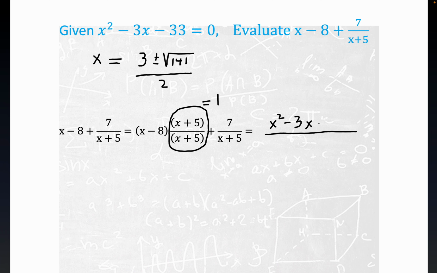Minus 40. But the nice thing about all this is that we've created a common denominator from our previous step. Now that's going to be plus 7 right there, right? Plus 7. And because of the nature of this previous step, we have kind of a built-in common denominator.